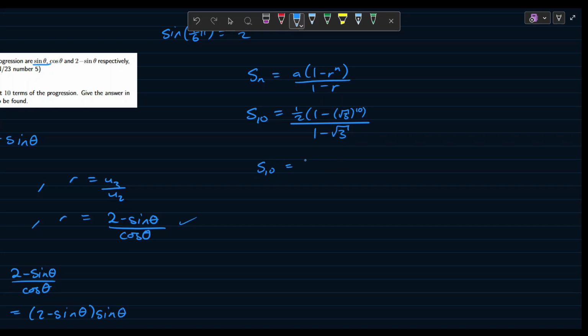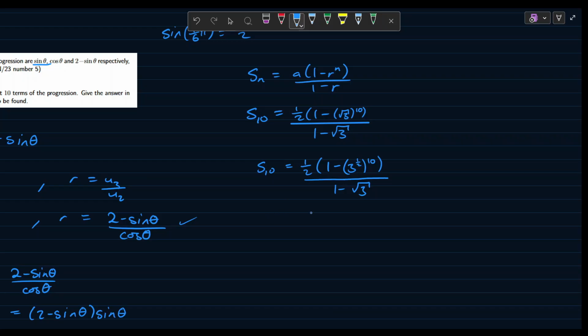So this is 1 over 2, and we've got 1 minus root 3 to the power 10. Root 3 to the power 10 is the same as saying 3 to the power 1 over 2, to the power 10. And this is all over 1 minus root 3. So what this means is that our powers here are going to multiply. This half multiplies the 10, so you end up with 3 to the power 5.